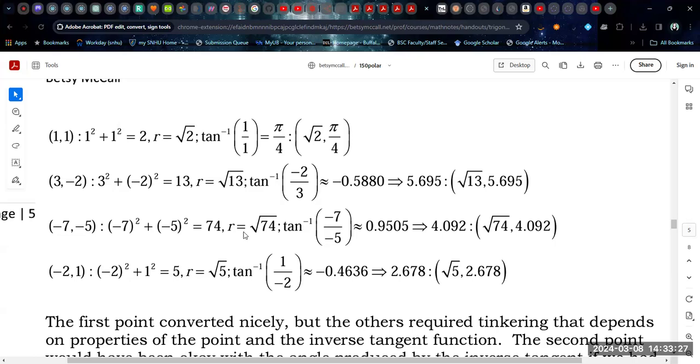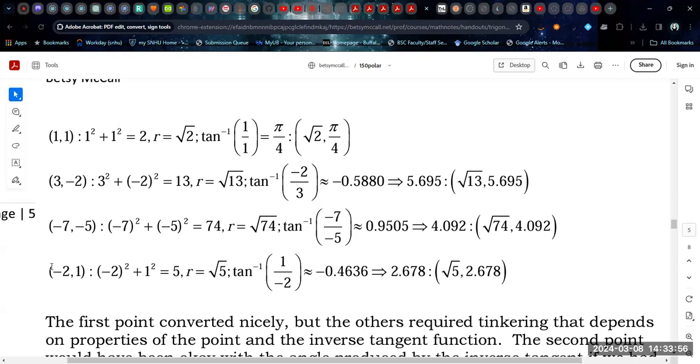But our point, (3, negative 2), is in the fourth quadrant, so we can use this value, or we can add 2 pi to it to make it on the standard 0 to 2 pi range. If we're in, let's say, the third quadrant, inverse tangent is not going to give us that value, and so we're going to need to add pi in order to get into that third quadrant.